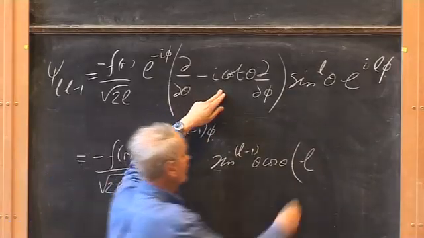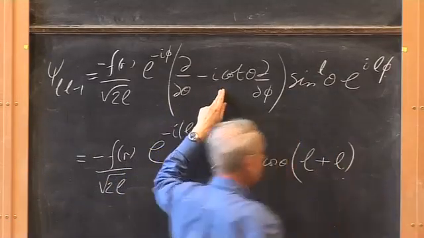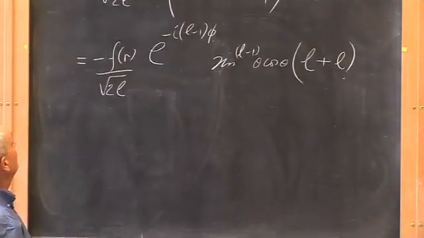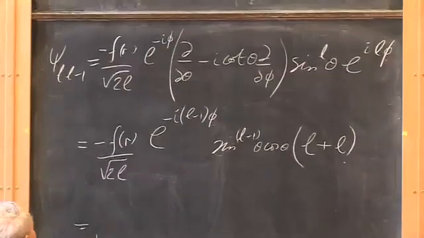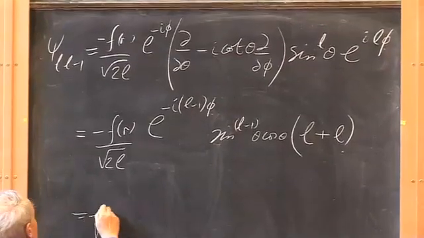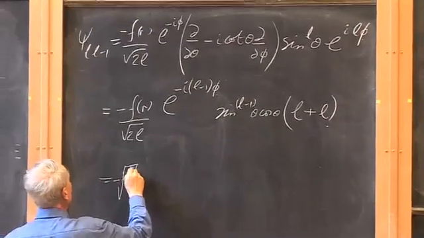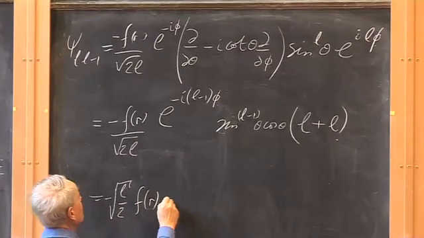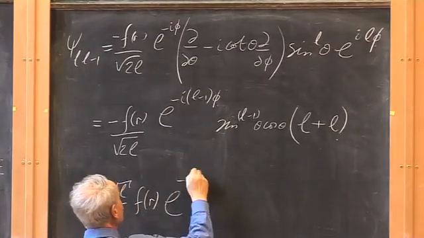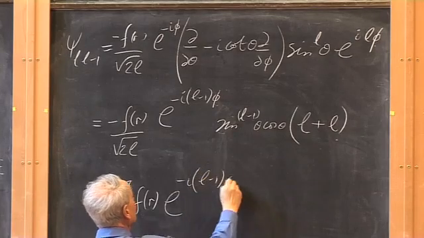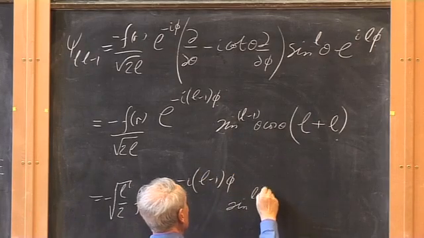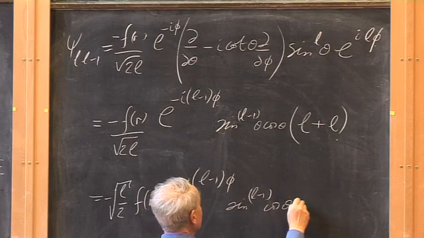They will cancel, so I think it'll be plus another L of the same stuff. So you see that we have something like minus the square root of L over 2, whatever your unspecified function of radius was, e to the minus i L minus 1 phi, times sine L minus 1 cosine theta.